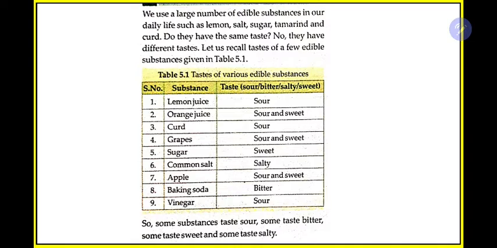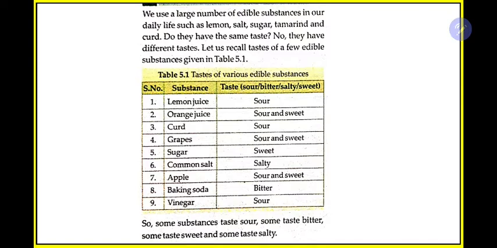Okay, so in table number 5.1, they've given some common food and some common things which you eat along with their taste. Okay, so the taste of lemon is sour. Okay, we all know this. The taste of lemon is sour. Next is orange. The taste of orange can be sour, right? Orange can be sour.